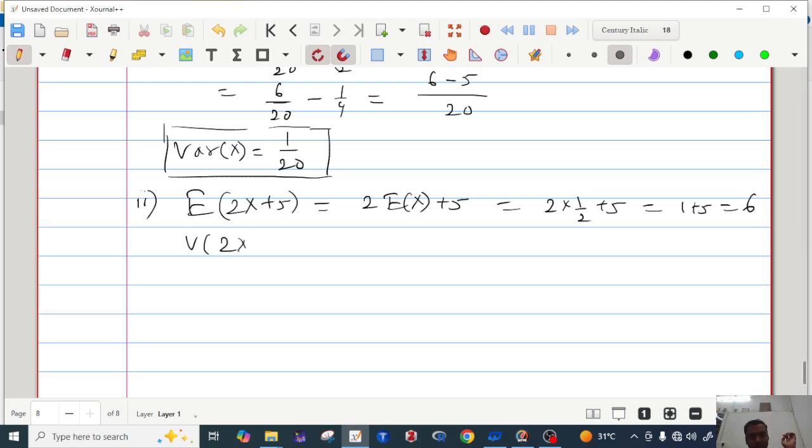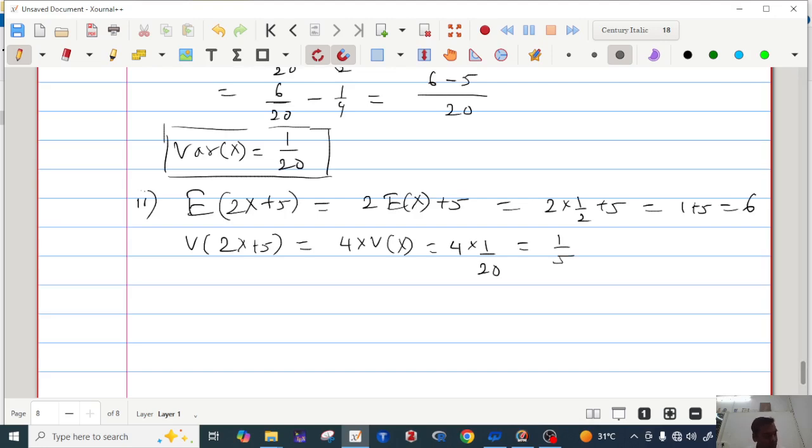Similarly, we can obtain variance of 2x plus 5, which is simply 4 into variance of x. Variance of x is 1 by 20, so 4 into 1 by 20 is 4 by 20, which is 1 by 5. So this way we can find out the mean and variance.